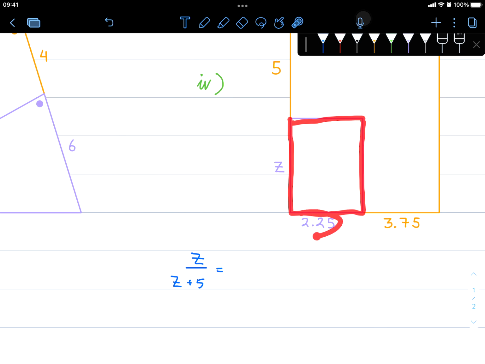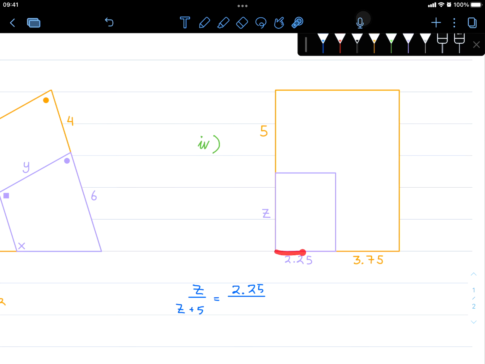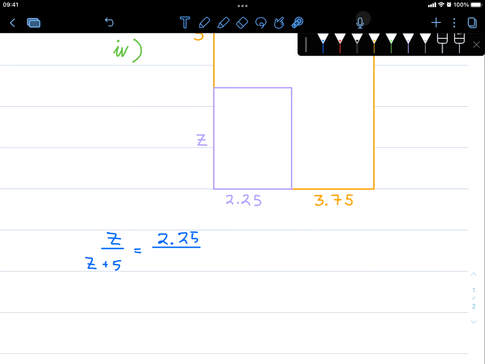In this case, it's going to be 2.25. Now, once again, we need to find a number in the orange shape that corresponds to 2.25. In this case, this side corresponds with the entire length. So it's going to be 2.25 plus 3.75. You can check in your calculator here. 2.25 plus 3.75, which is equal to 6.